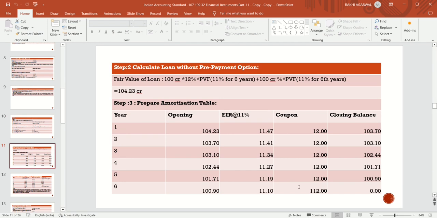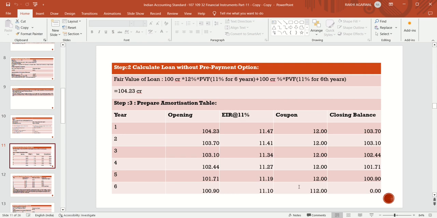Now in step 2 we will calculate the present value of the loan without prepayment option. The fair value of the loan: the amount of loan is 100 crores on which 12% interest, the coupon, is to be paid. That has to be brought to present value using the present value factor at the rate of 11% for 6 years, and the 100 crore to be paid at the end of 6 years, that is the principal amount, also has to be discounted with the discounting factor at 11% for 6 years.